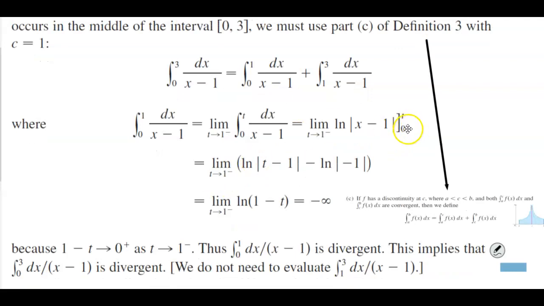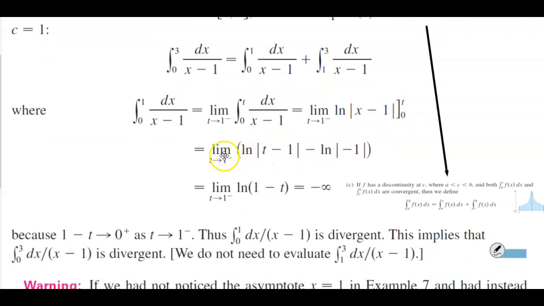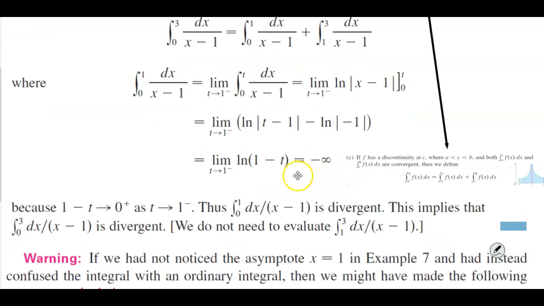Applying the upper and lower limits, we get the limit as t approaches 1 from the left of the natural log of the absolute value of t minus 1 minus the natural log of negative 1. Therefore, we get the limit as t approaches 1 from the left of the natural log of 1 minus t, which is equal to negative infinity.